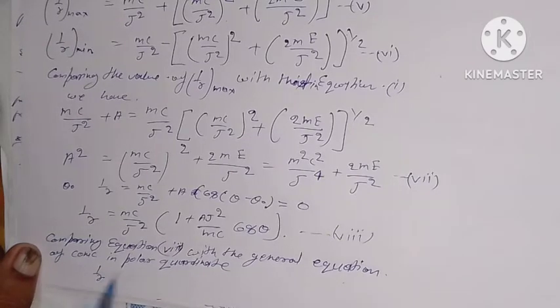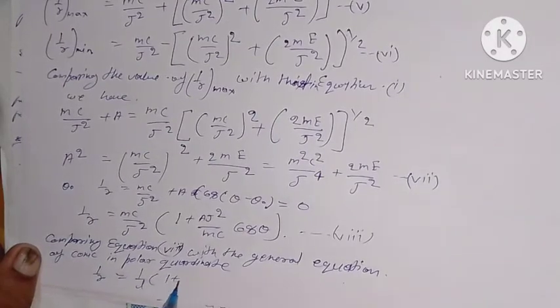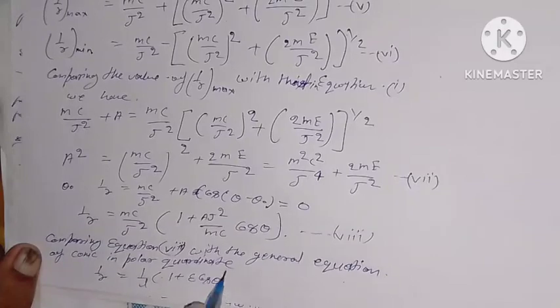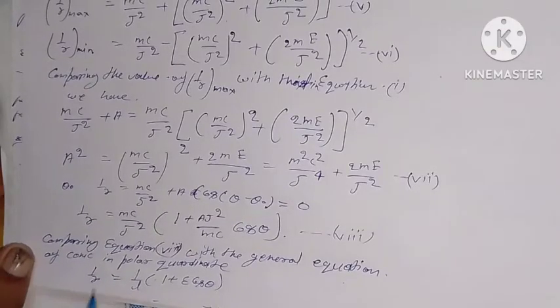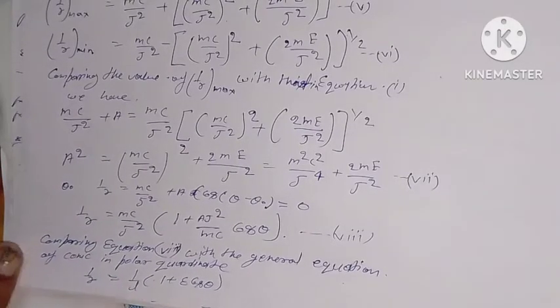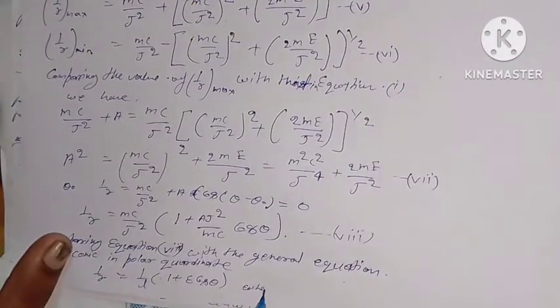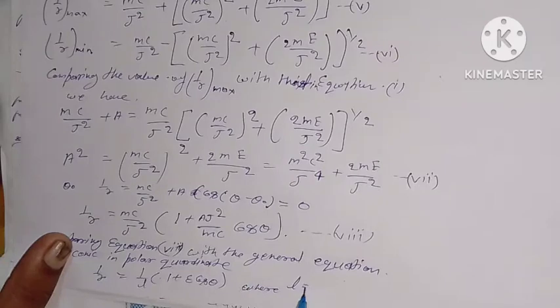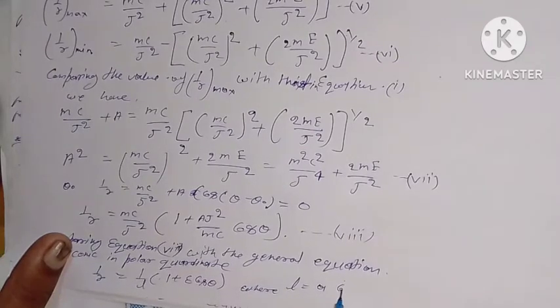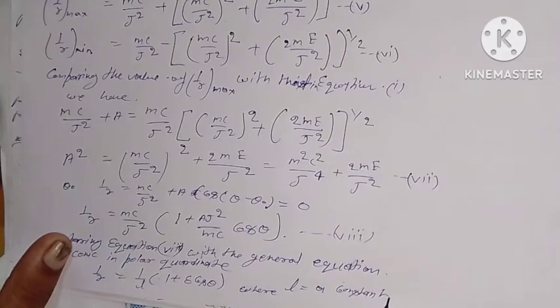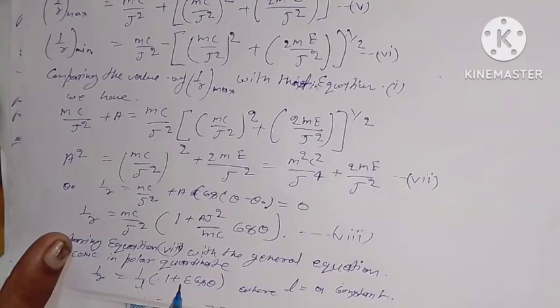Then 1 upon r equal to 1 upon L, in bracket, 1 plus epsilon cos theta, where L equal to a constant.